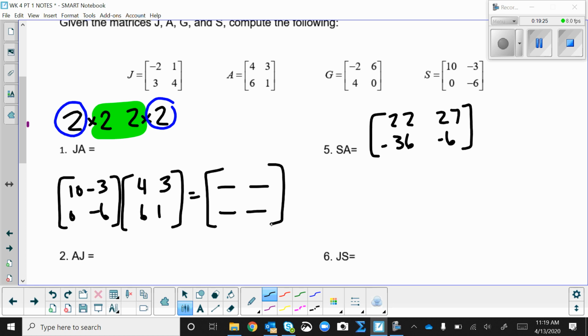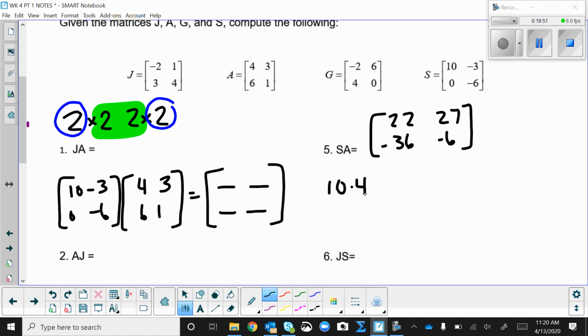It's 10 and -3, right? And then find column 1 in the second matrix. It's 4 and 6. What was the first entry in that first row? It was 10. And what was the first entry in the first column? It was 4. Those get multiplied.